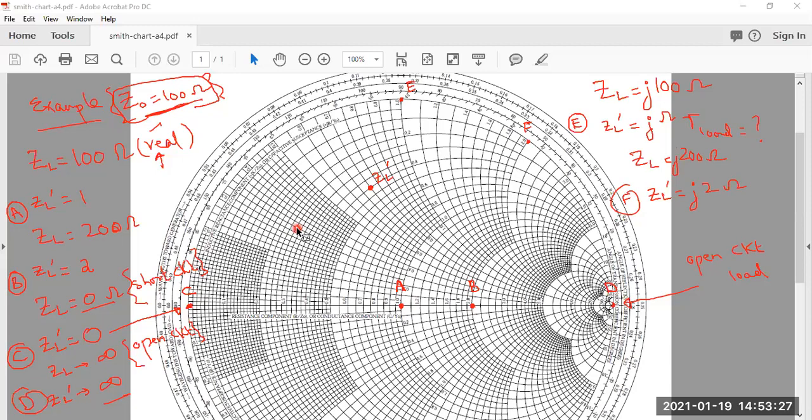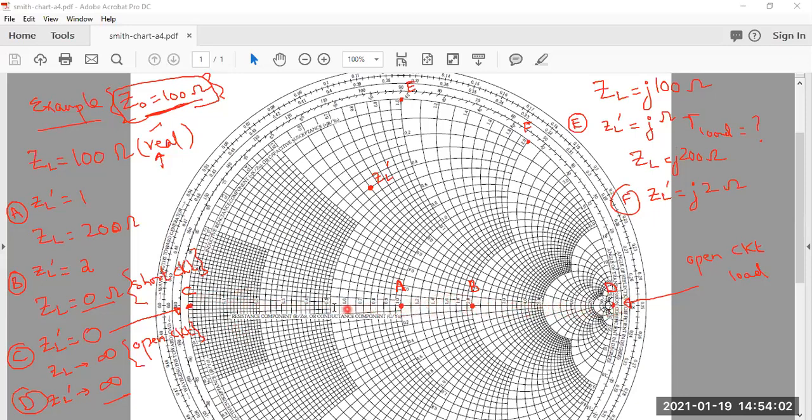So if I summarize this whole discussion, the possible location of load impedance, or any impedance, again, because I'm talking in terms of load impedance, but this discussion is valid for any impedance. If you want to find out the location or position of any impedance on the Smith chart, so now you have this general concept that if load is resistive, it will be anywhere on this horizontal line.